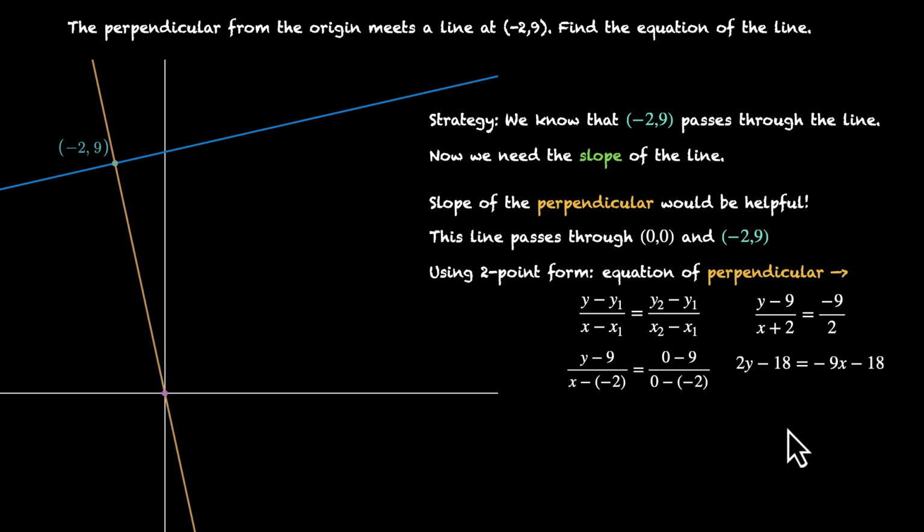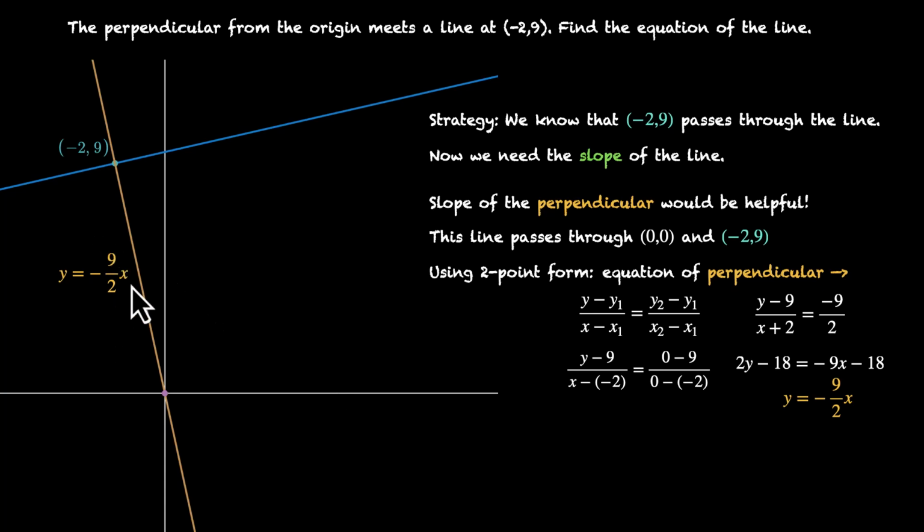But a little rearranging gives us 2y minus 18 equals minus 9x minus 18. Minus 18 cancels out. y equals minus 9 by 2 x. That's the slope that we figured out, minus 9 by 2. So this line is y equals minus 9 by 2 x. All right. And the slope of this line is minus 9 by 2.